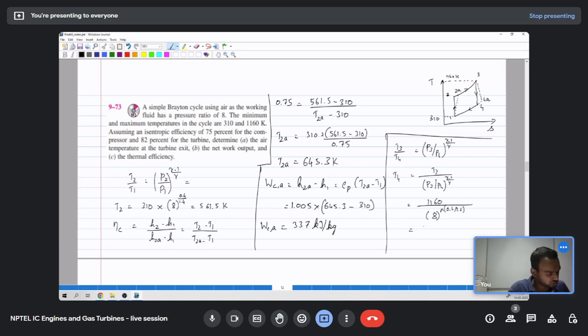So this is 640.37 Kelvin. So this is T4 in an ideal case, but in the actual case it would differ based on the isentropic efficiency.